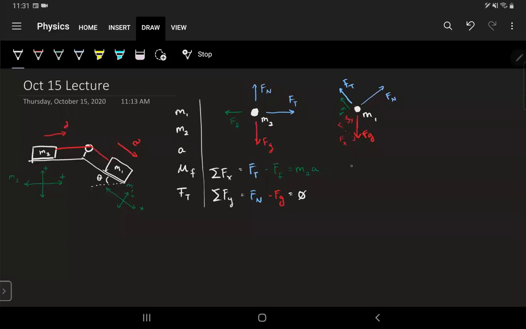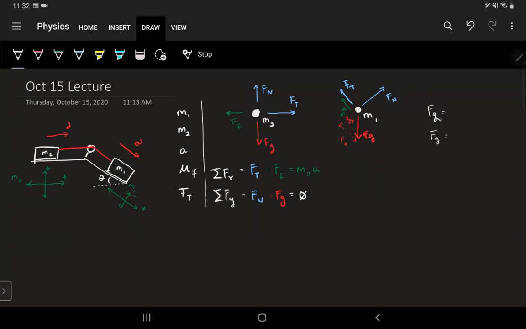All right, now for this one, we have to use Fg equals, all right? So Fgx and Fgy equal different things. Well, Fgx equals, since we know that this is theta right here, right?